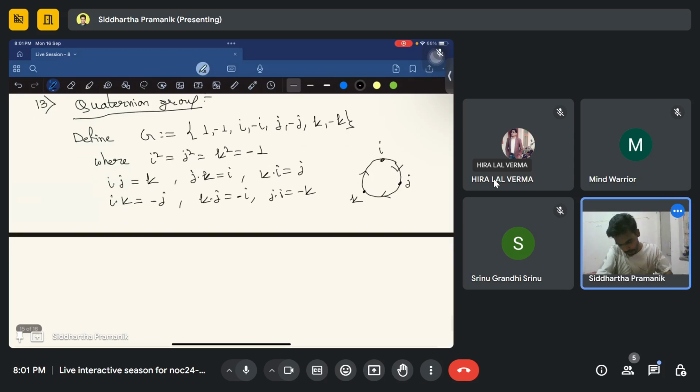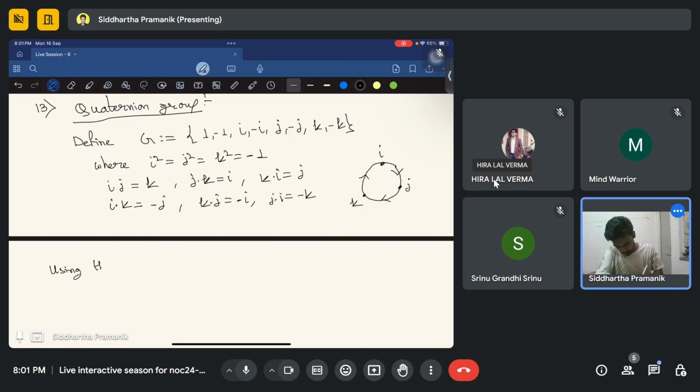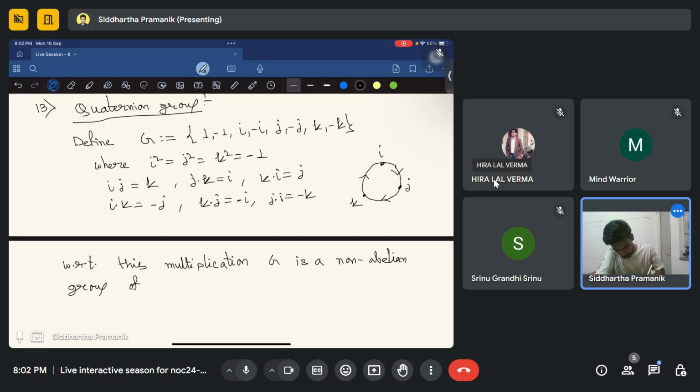So using this, with respect to this multiplication, G is a non-abelian group of order 8.